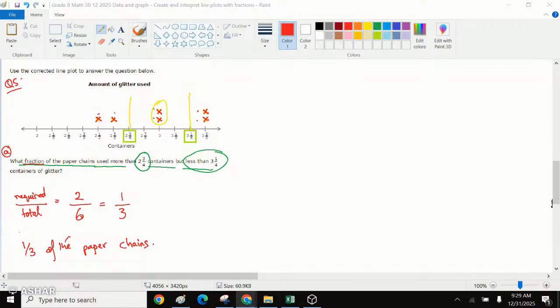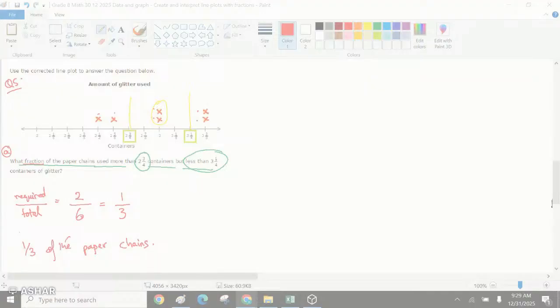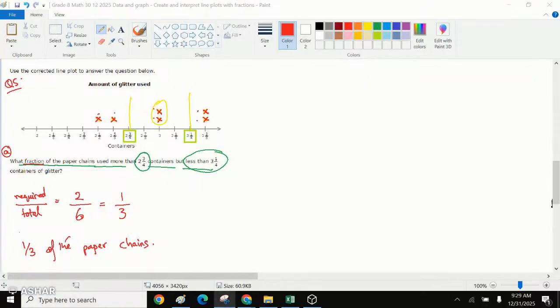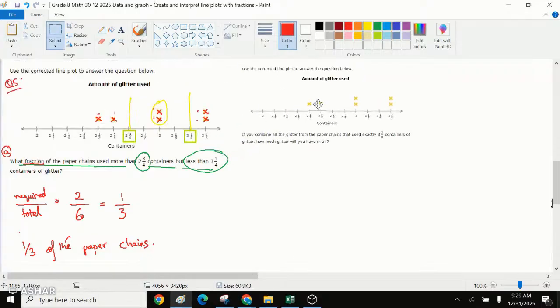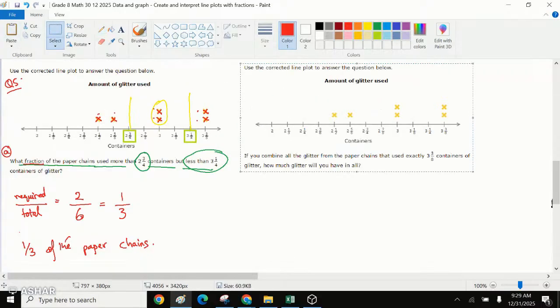Okay. Now let's move on and see the continuation of the question. Let's complete this and then we'll do a few questions from the test as well, right? So I'll just continue with the second part. Same question, part B. Use the corrected line plot to do this.